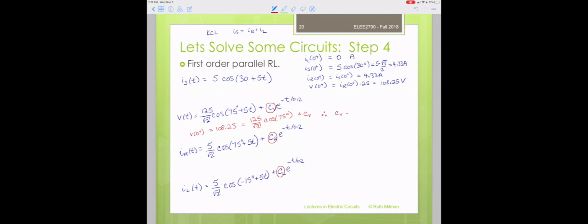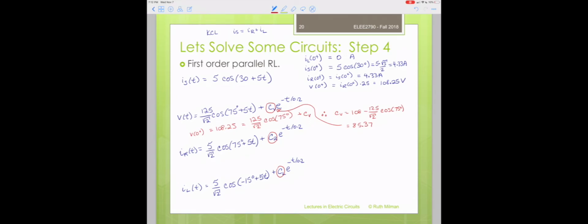Therefore, CV is equal to 108.25 minus 125 over the square root of 2 times the cosine of 75 degrees, which, if you do the math, is simply equal to 85.37. Take that number, plug it into there. Do the same thing the next time around.